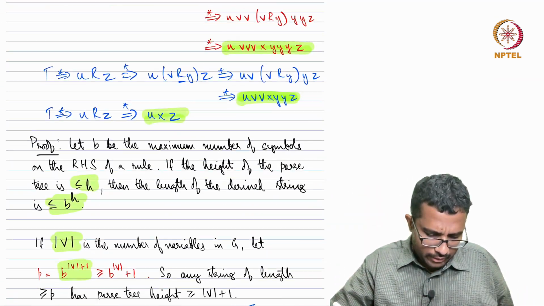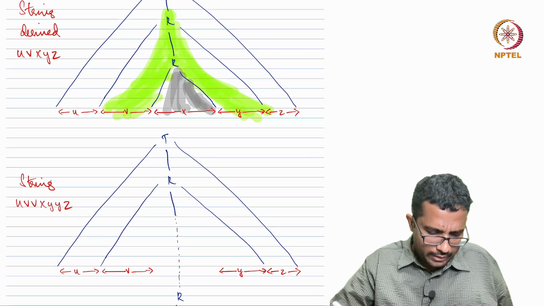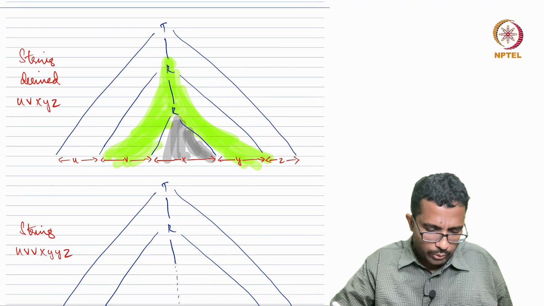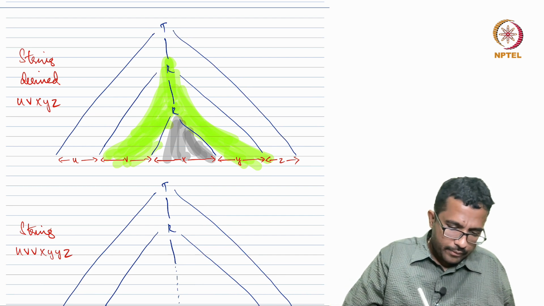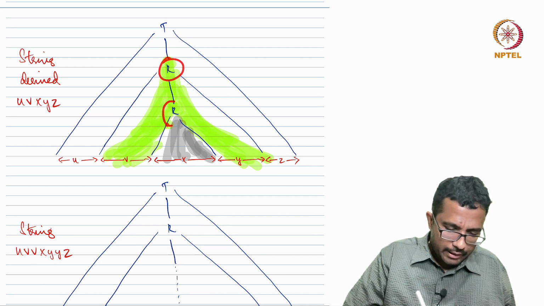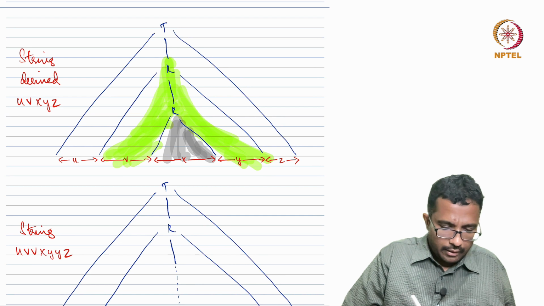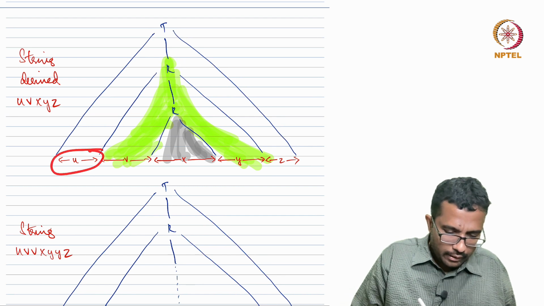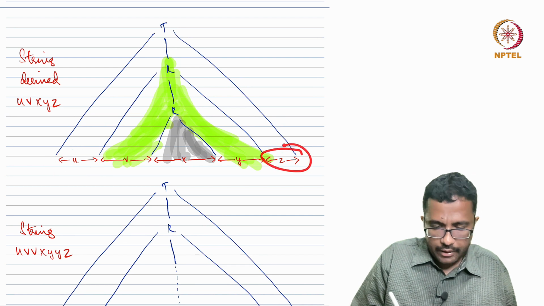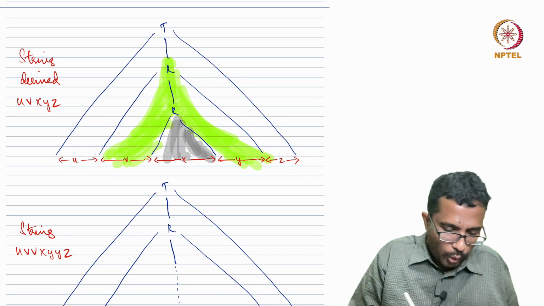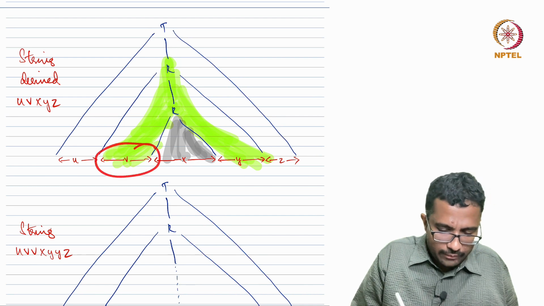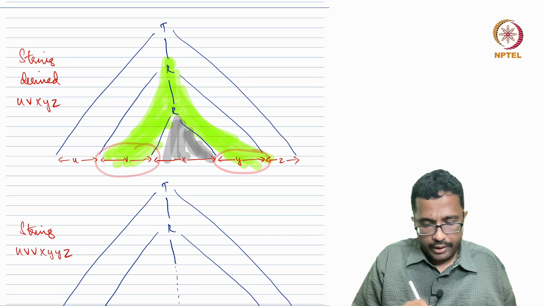So just to say what is v, what is x, what is y, etc. We chose r to be the variable that repeats from the bottom. In the first derivation of r, what comes before r is u and what comes after r is z. When r derives itself, what comes before r is v, and what comes after r is y.